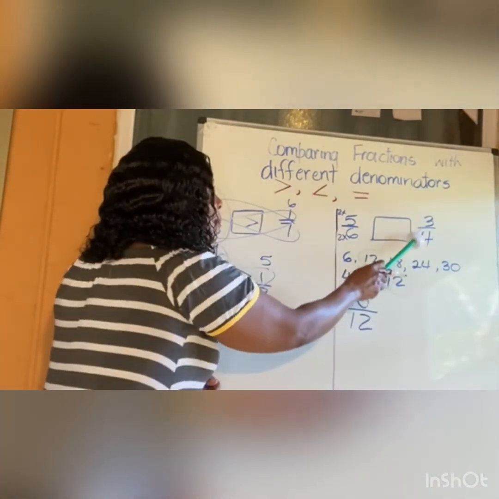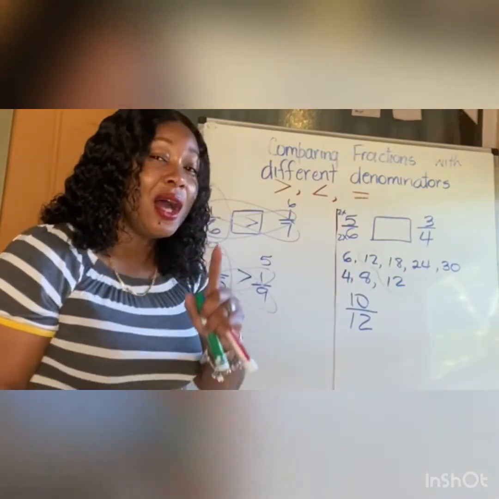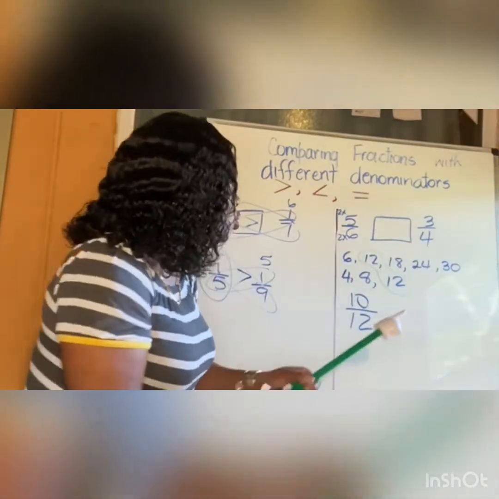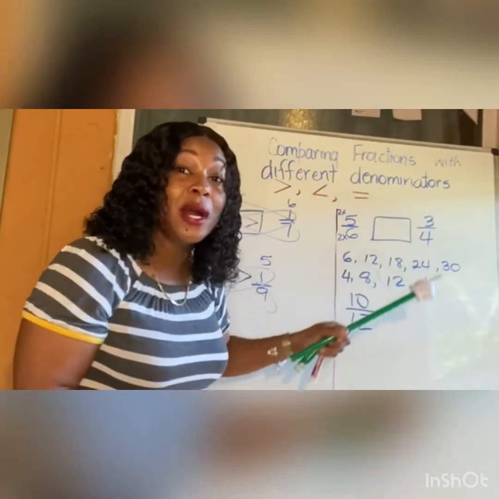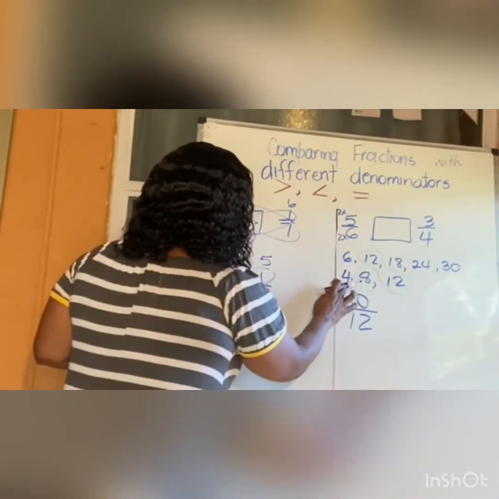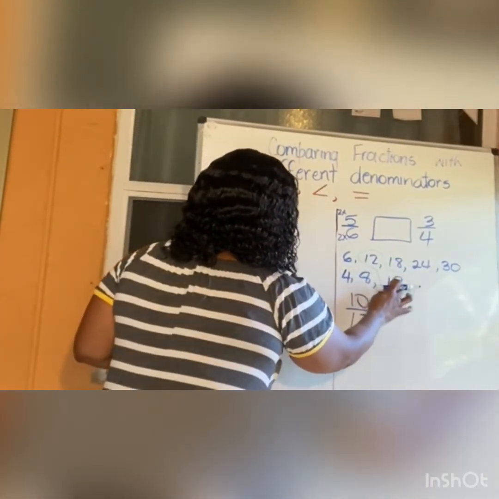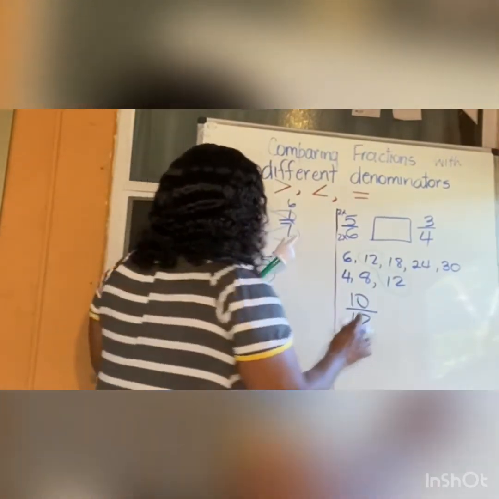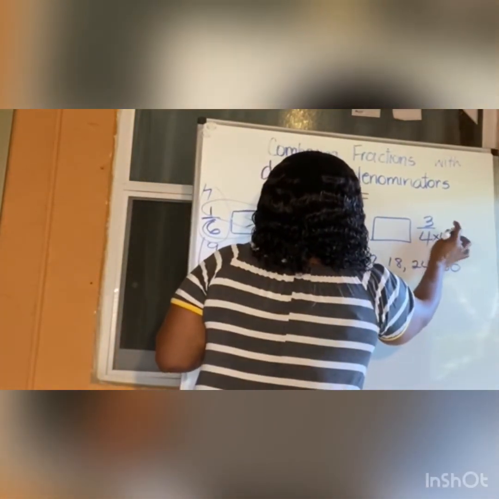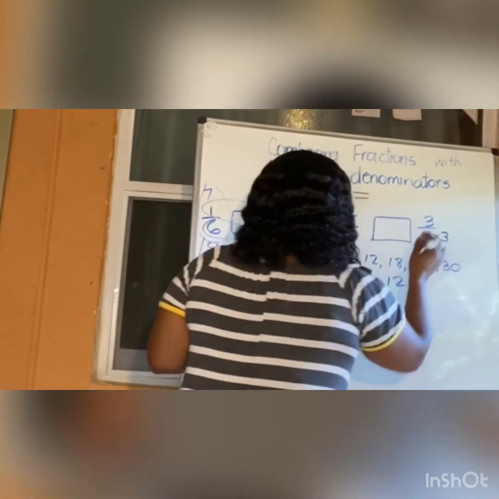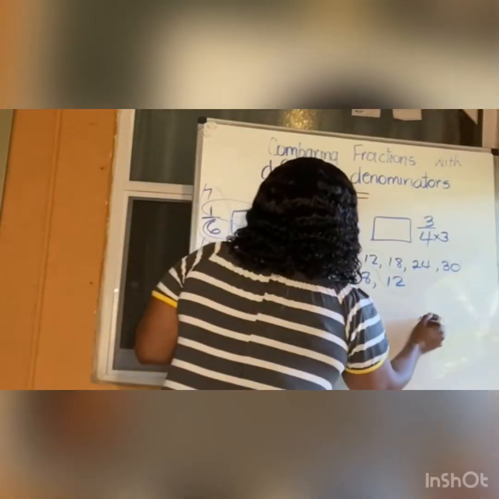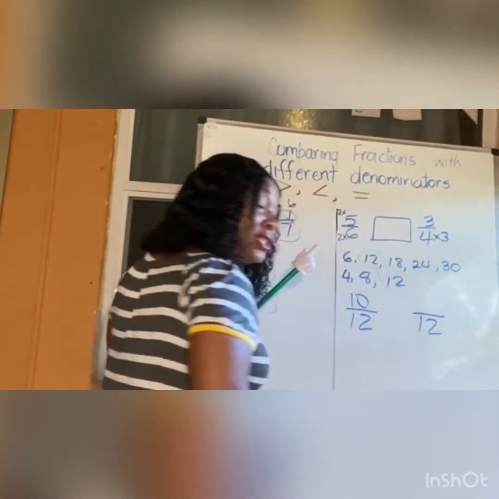My next step is to ask myself, how many times did I skip count to get to 12 when I skip counted by 4? 1, 2, 3 times. It simply means I am going to multiply the 4 by 3. So 4 times 3, that is 12, my new denominator.